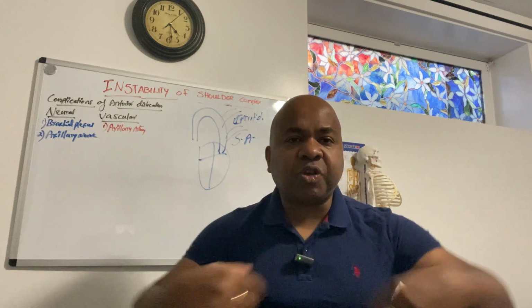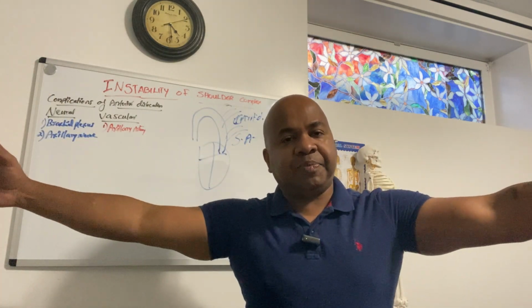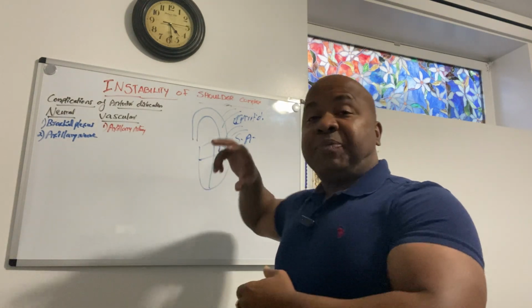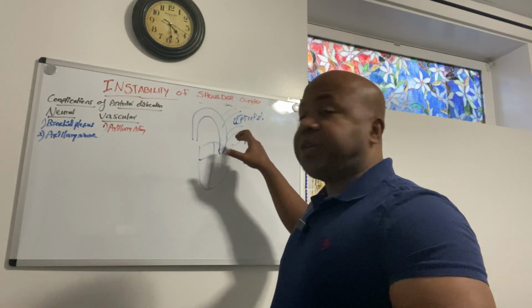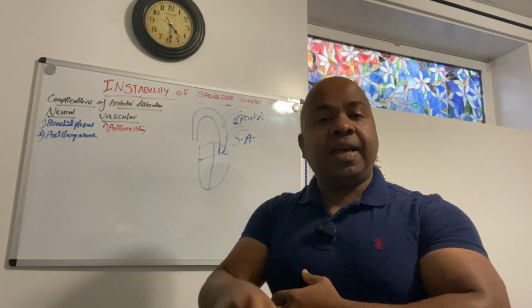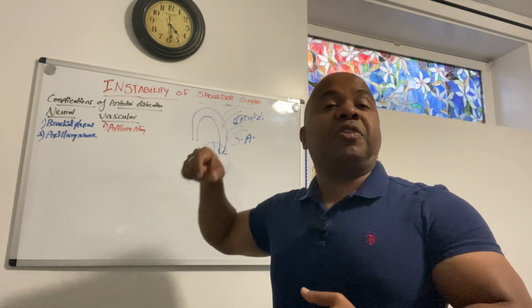From the arch of the aorta arise the carotid artery as well as the subclavian artery. I don't want to confuse you. From the left aspect of the arch of the aorta arises the subclavian artery, and from the right, the brachiocephalic arteries.